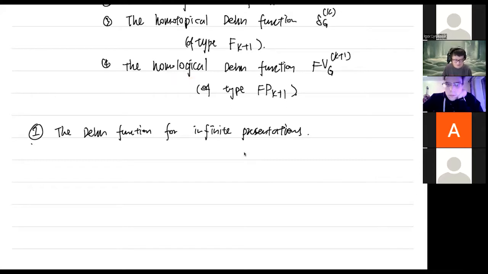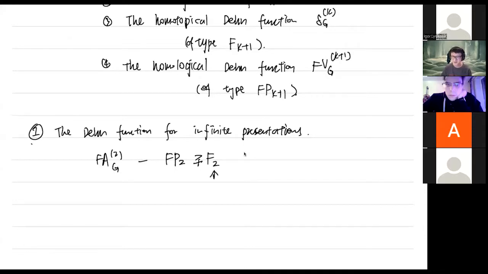For example, we talk about the second homological Dehn function, which is defined by filling one cycle with 2 chains if the group acts on a space of type FP2, and which is defined for every such group. It is known that FP2 is strictly larger than F2.